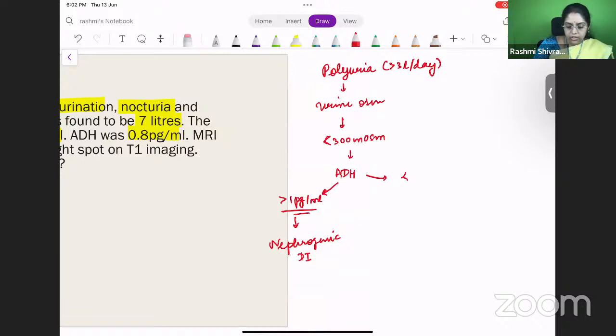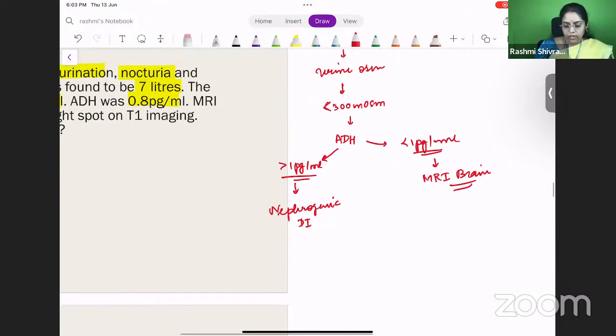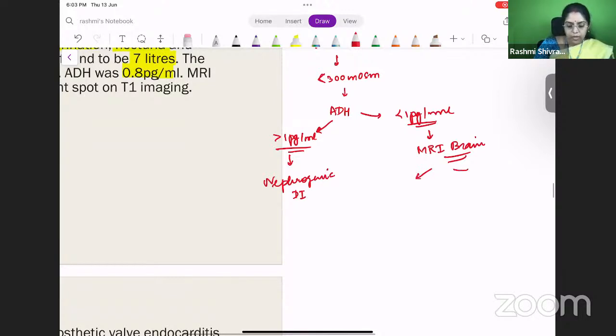If the ADH concentration is less than 1 picogram per ml, what will happen? You have to do an MRI brain. What are the other two important causes of polyuria? One is central diabetes insipidus and the other is primary polydipsia. So we do an MRI brain and look at whether the pituitary bright spot is present or absent.